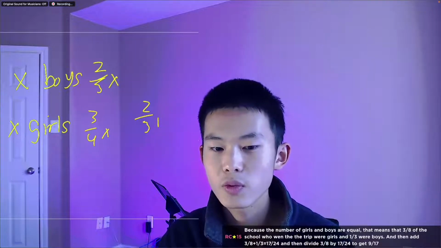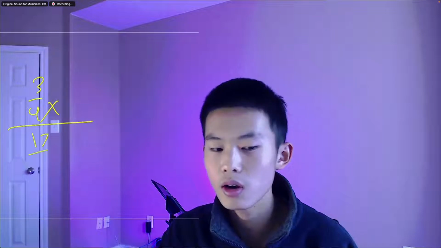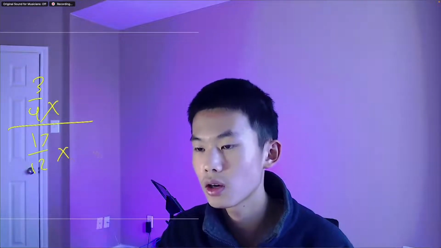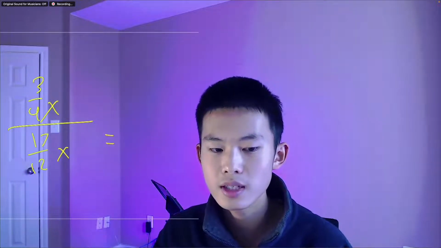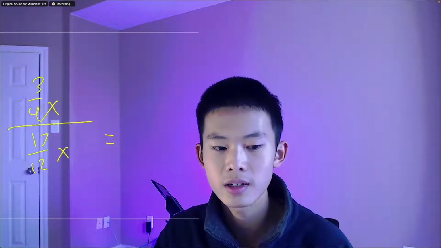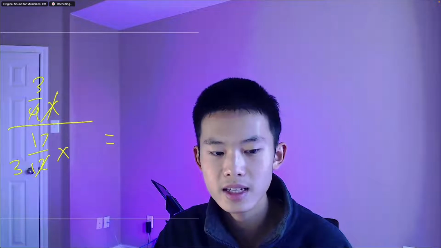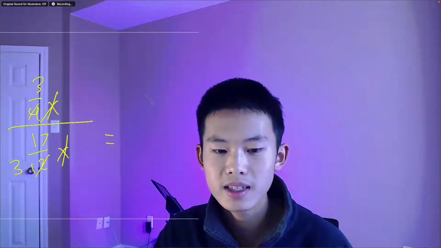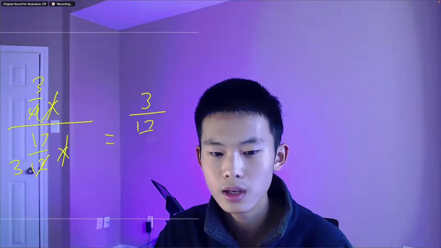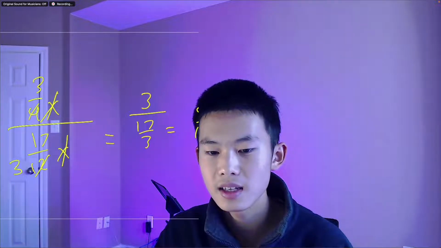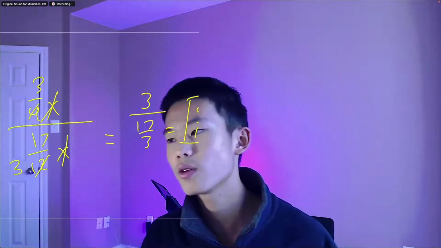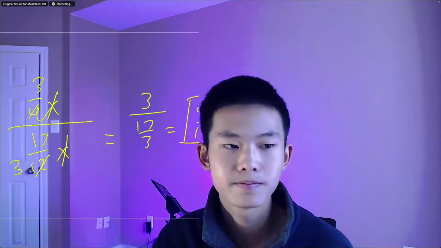So essentially the fraction we want is the number of girls divided by the total number of people. So we have 3/4 X divided by 17 over 12 X. Just doing some cancellation, we can cancel the 4 out of the numerator and the denominator, and we can cancel the X. And so what we end up getting is 3 over 17 over 3, which results in 9 over 17. That's the fraction of the field trip goers that are girls.